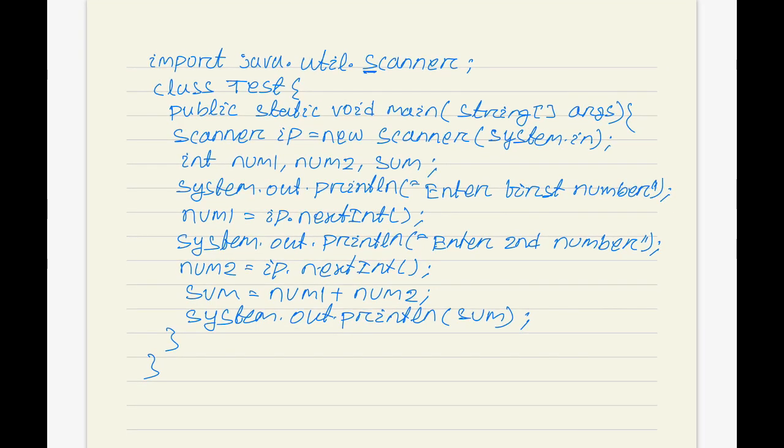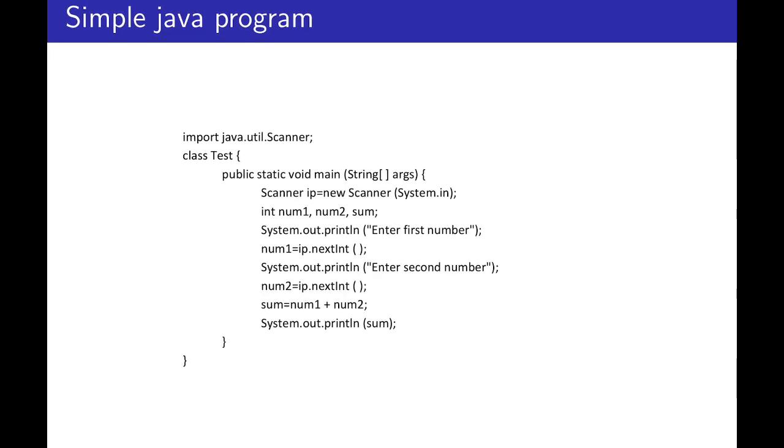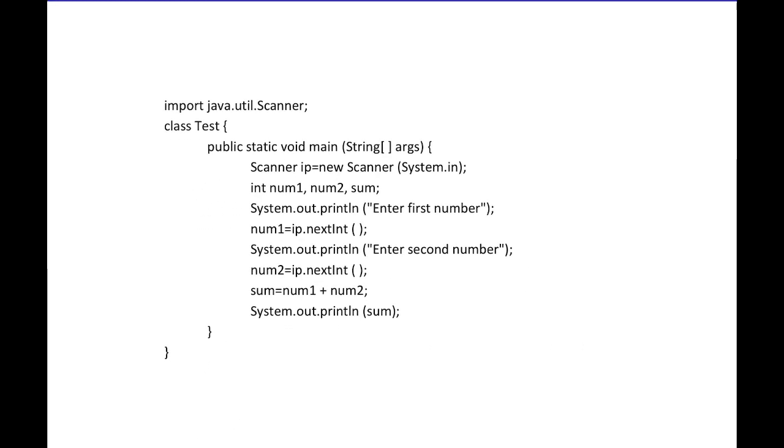So you can see the program here. Now you can see the typed program. If you have some issues with my handwriting, you can see this one. So this code works properly by storing the first user input in num1 and the second user input in num2, then performs the addition and displays the sum.